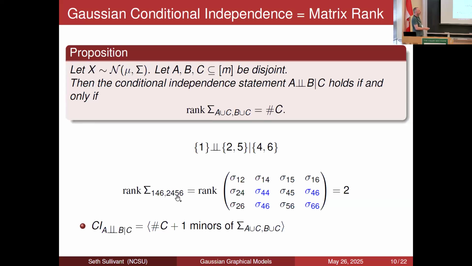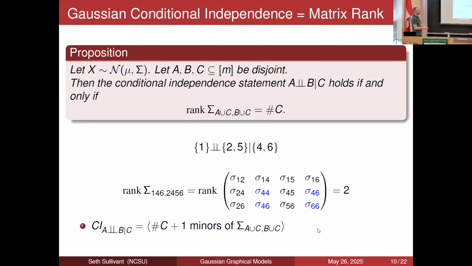The rank of that submatrix is supposed to be equal to 2. It cannot be less than 2. I indicated in blue a principal 2x2 submatrix that comes from the things you're conditioning on. That submatrix has to have rank 2 because you're talking about a positive definite matrix. So this matrix can't have rank less than 2, and we're saying it has to have rank exactly equal to 2 when we have conditional independence.